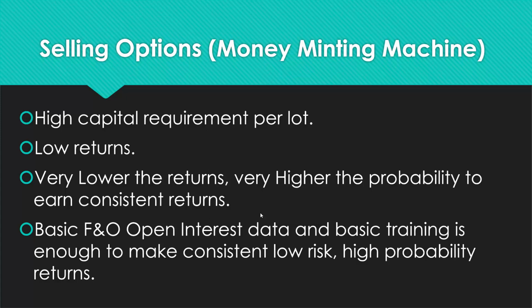So you can earn this money completely. The lower the returns you're trying to expect, the higher the probability to get that money. If you have good capital, you can always try to sell options and gain money.